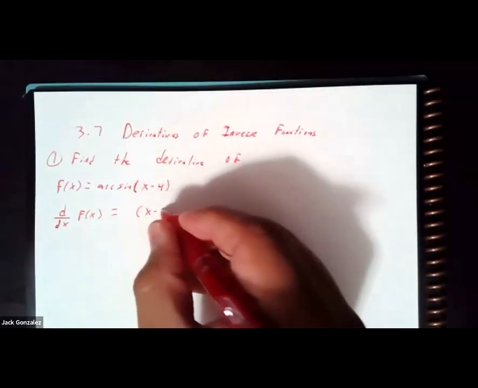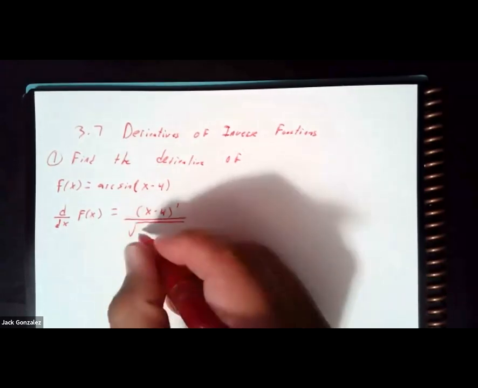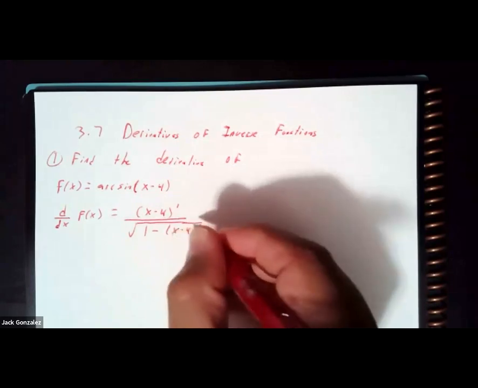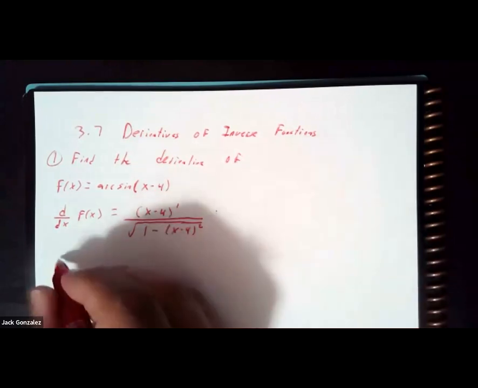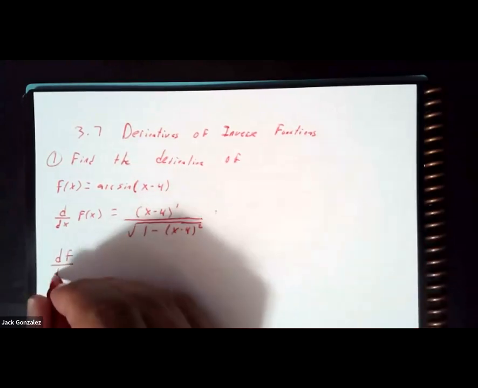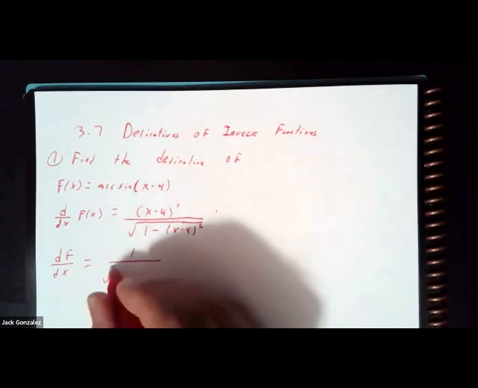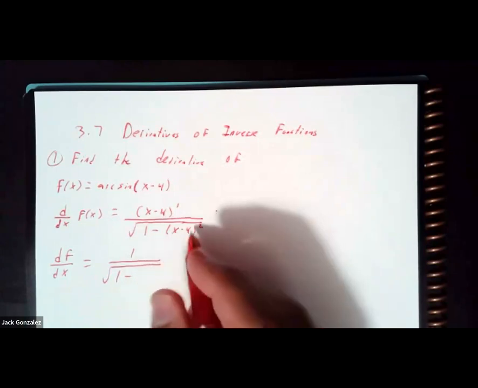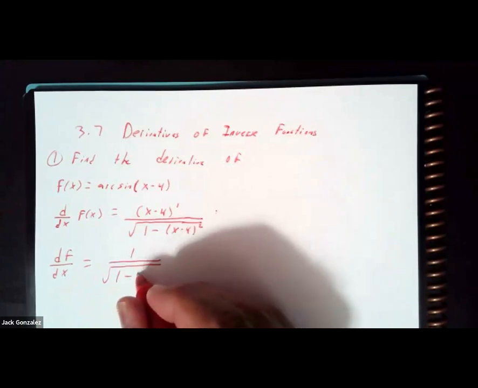So derivative of this thing divided by the square root of 1 minus x minus 4 squared. So this will become df dx equal to 1 over the square root of 1 minus, I guess you could FOIL that out, x minus 4 squared.